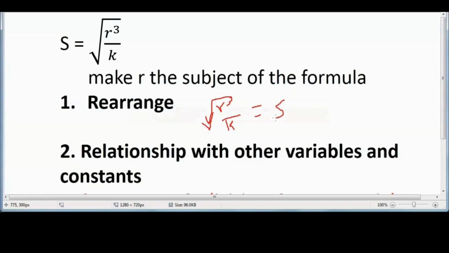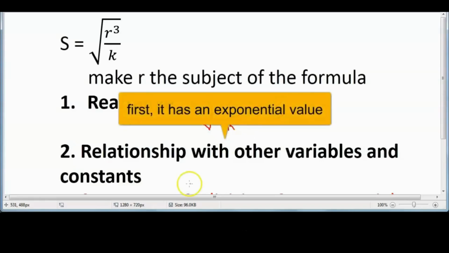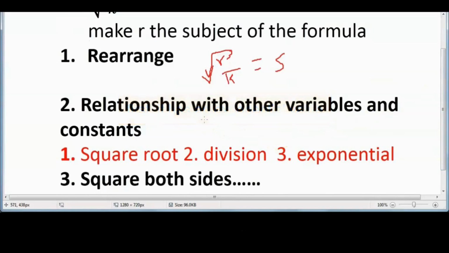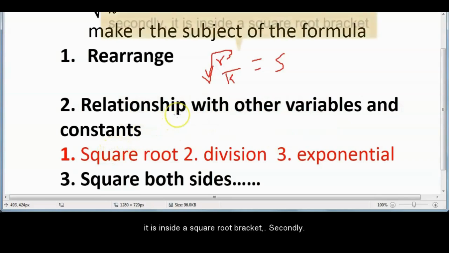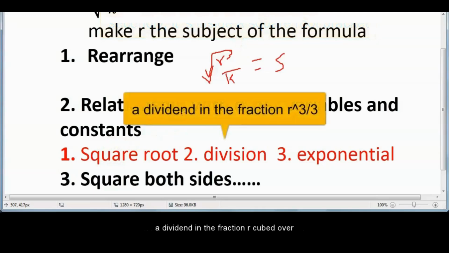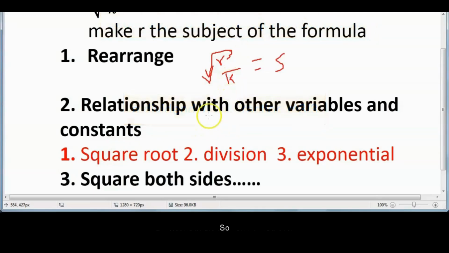So r is not alone. First, it has an exponential value, and then it is inside a square root bracket. Finally, it is a dividend in the fraction r cubed over k. So there are three relationships here: square root, division, and exponential.